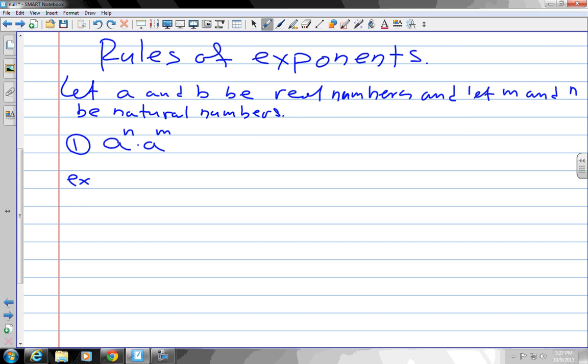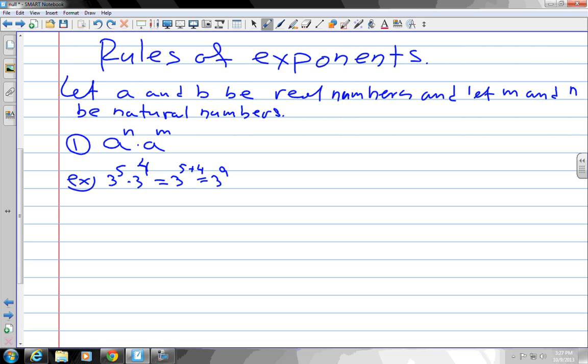For example, if I have 3 to the power 5 times 3 to the power 4. The suggestion was, well, that is the same as 3 to the power 5 plus 4 equals 3 to the power 9. So we add exponents.